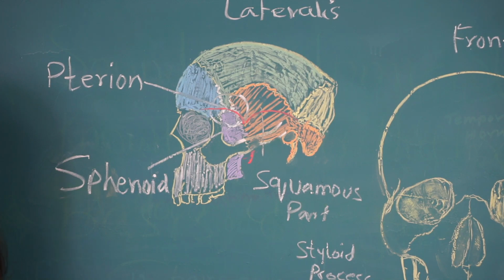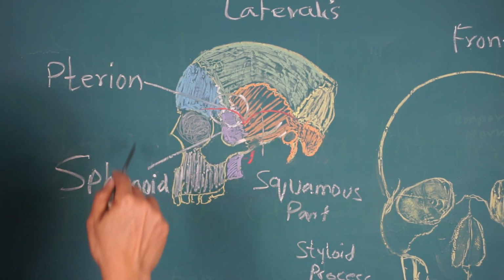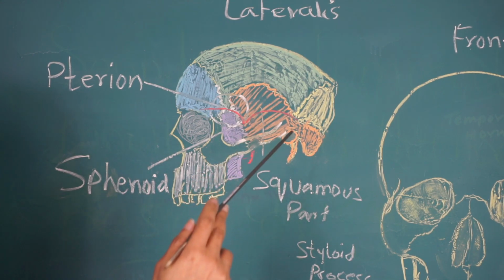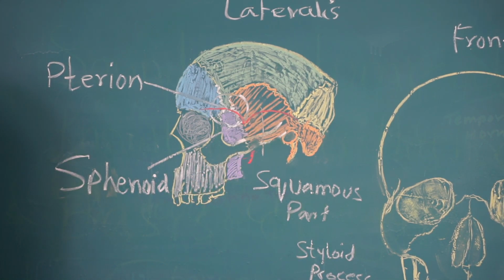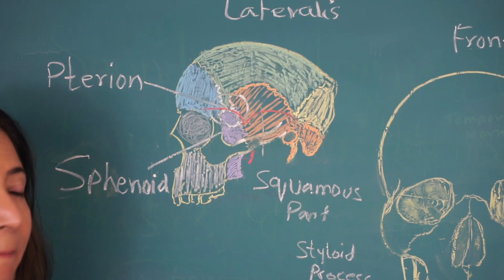We'll talk about the palate, we'll talk about the maxilla, its openings and everything when we discuss the Norma Frontalis, or the frontal view of the skull. As far as the Norma Lateralis is concerned, I'm pretty sure that most of the bony features are now obvious and you're aware of them.